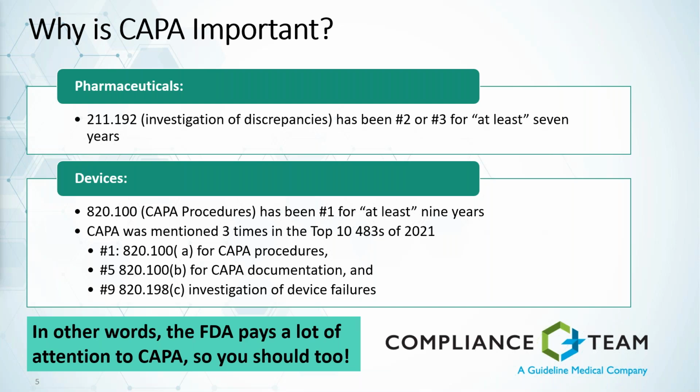Like I said, obviously you want to avoid 483s, but when FDA does come in, you can gain from the experience that the FDA investigator has, because they have seen a whole array of different organizations' CAPA programs, and they just might be asking you questions that are based on problems that occurred with other organizations.